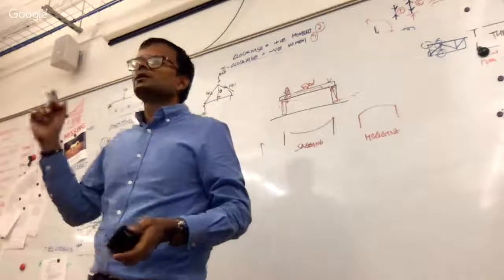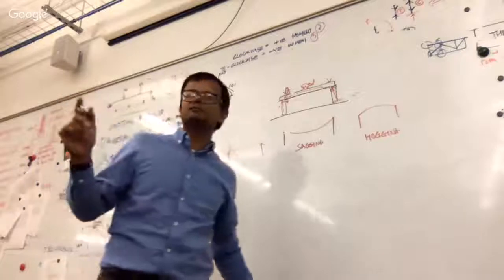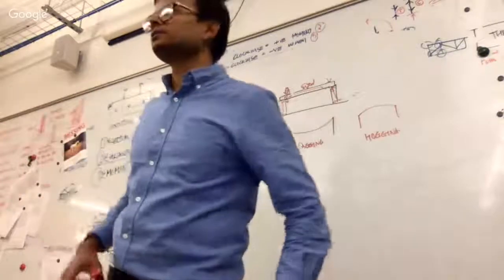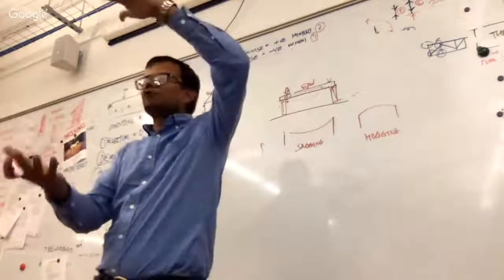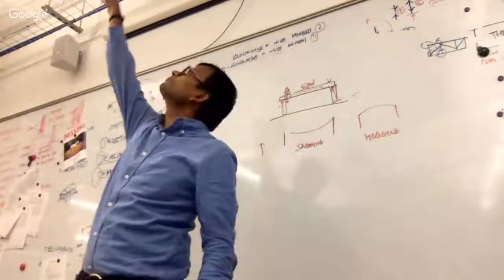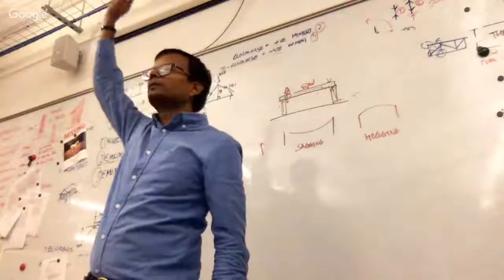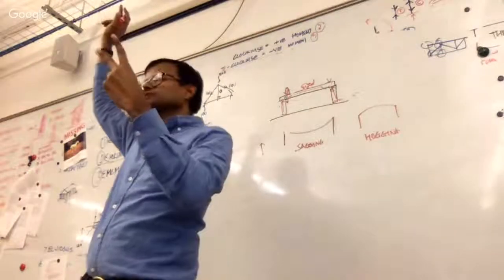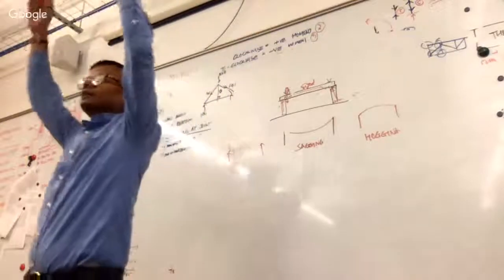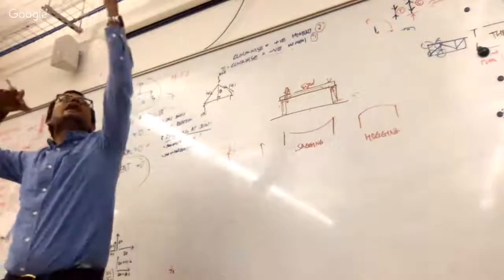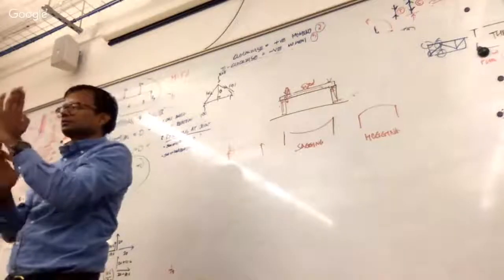Now, typically when you design beams, you design for bending. Why is that? Let's take the beams that we've got up above. They're basically dealing with two types of forces. They're dealing with bending, which is a tendency to bend down like this, and they're dealing with a tendency to shear.